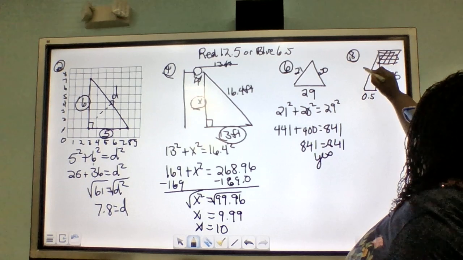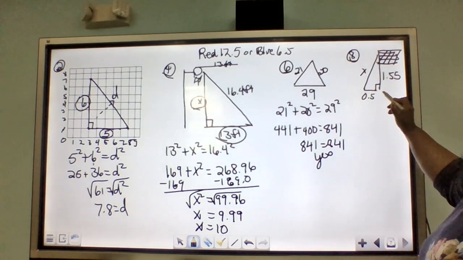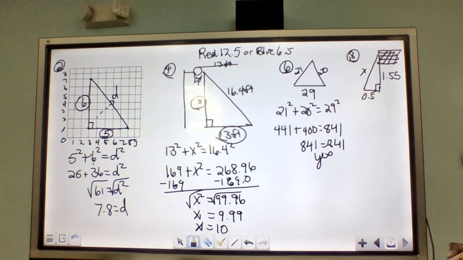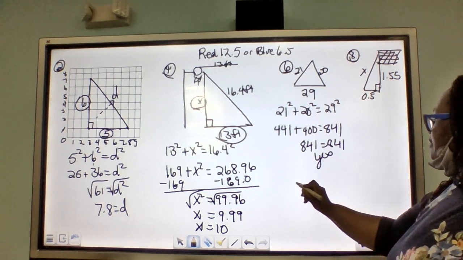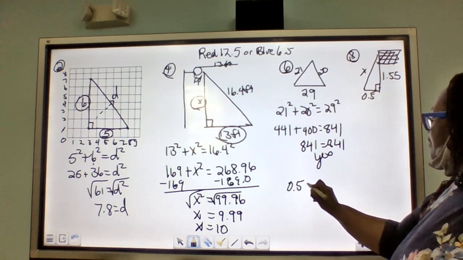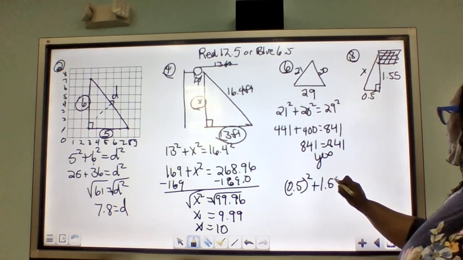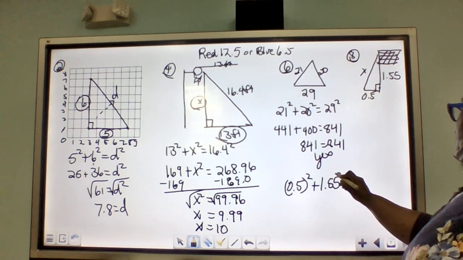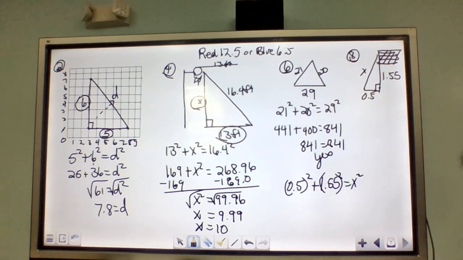This is the rope right here, so we don't know how long it is, so we need to find it out. Because of this right angle here, we can use the Pythagorean theorem. So we have 0.5 squared plus 1.55 squared equals x squared, because x is our hypotenuse directly across from our right angle.